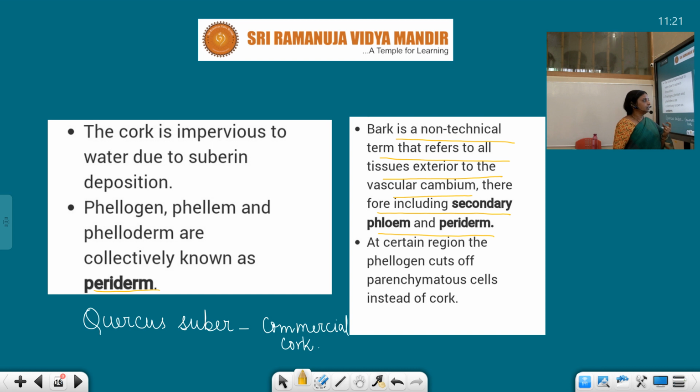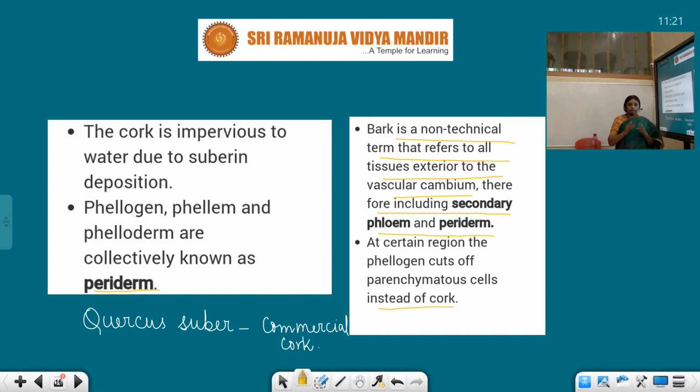At a certain region, the phellogen cuts off parenchymatous cells instead of cork. At some places it is cork, and when cork is present, no water goes outside or comes inside because it is impervious to water.